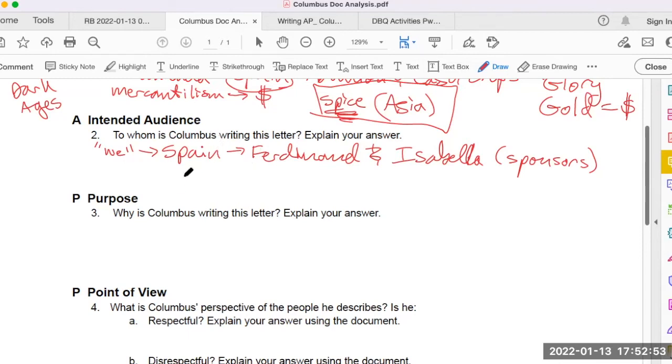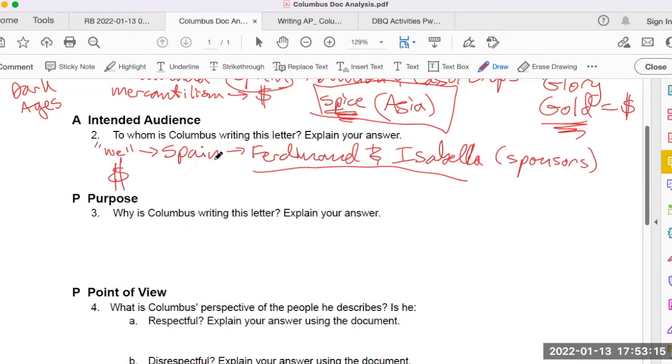Now, we know that he didn't actually make it to Asia, but Ferdinand and Isabella are going to continue to sponsor him. He's going to make 4 trips total to the Caribbean, okay, because they are searching for wealth under mercantilism, going back to the 3 G's, notably with gold.